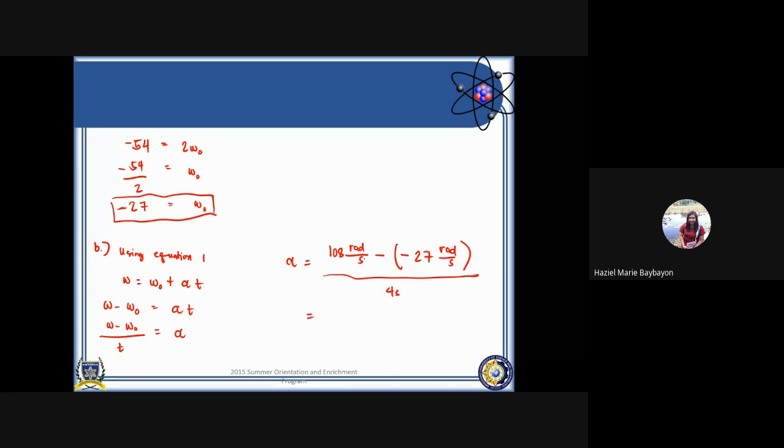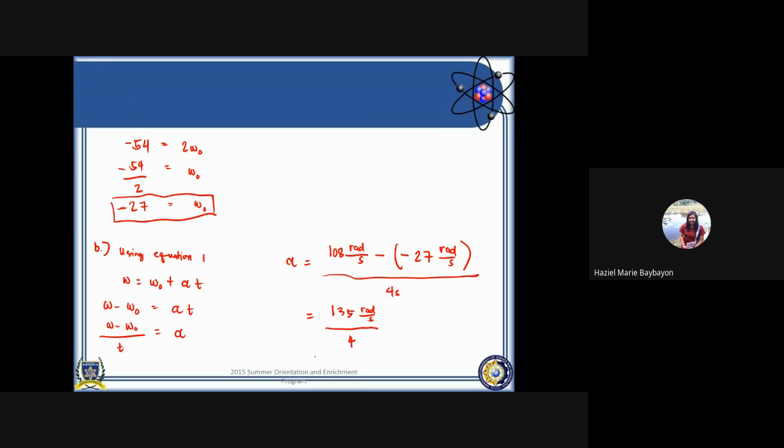Therefore, alpha is equal to 135 radians per second divided by 4. Is this correct? We add since negative times negative is positive, so 108 plus 27 is 135.